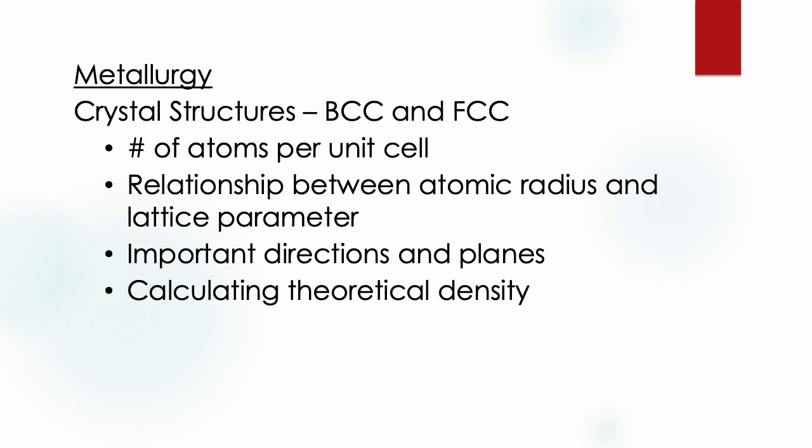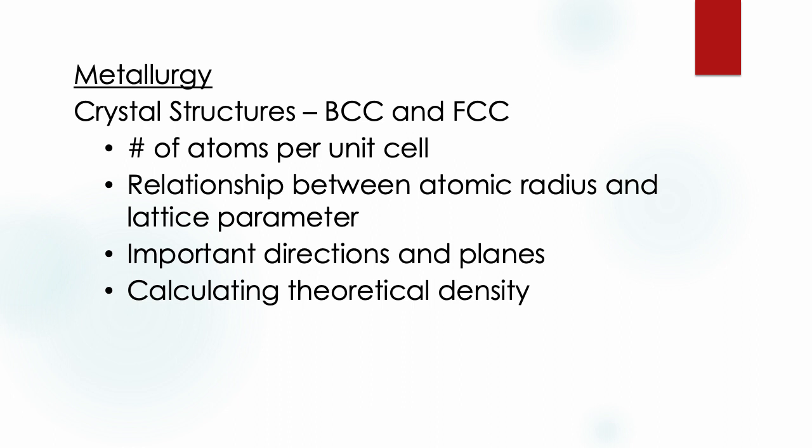And so we'll start that at the nanoscopic and microscopic level, talking about the difference in structures in different metals that contributes to the properties and how those can be manipulated. And we'll focus on the two main crystal structures in metals, the body-centered and face-centered cubic structures.